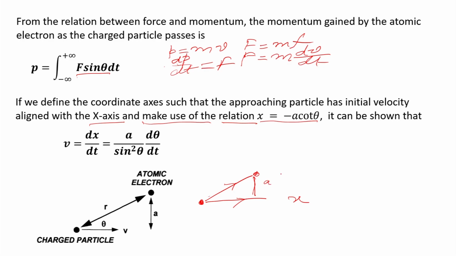So, apparently it will exert a force in this direction. If this is theta, this will be minus theta. So, this is x, this is a, and a by x is equal to minus tan theta. So, you can write x is equal to minus a cot theta.